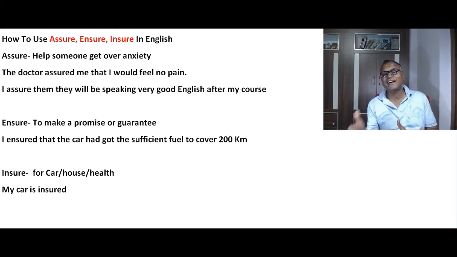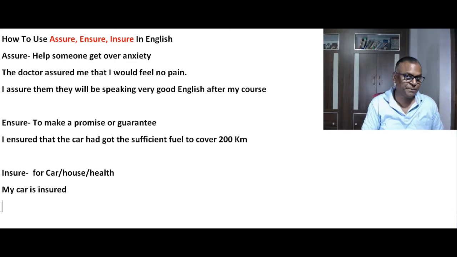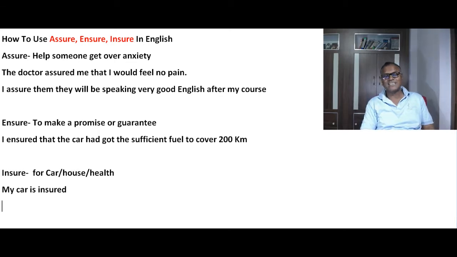Or life insurance: you have life insurance. In case of death, that amount is paid to the nominee by the insurance company. So that is insure. Okay, so assure, ensure and insure.